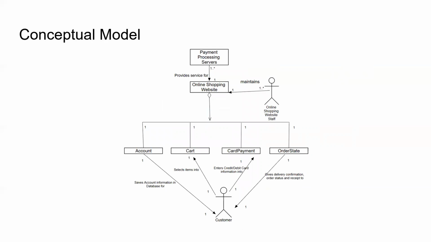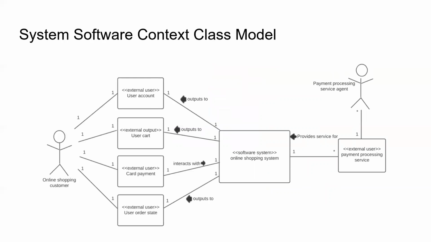Here's the conceptual model, where it shows how the customer connects to the online shopping website through the account, the card, and the card payment and the order state. Another connection is seen through here in the system software connection context class model.